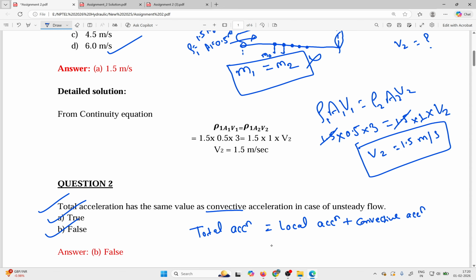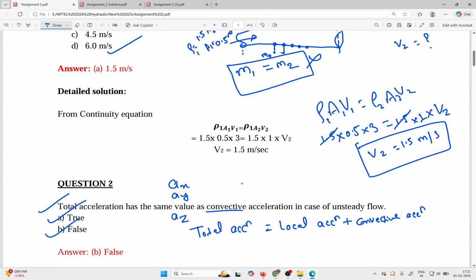So what is the equation? If I want to write acceleration in the x direction, y direction, z direction. In fluid mechanics, unlike solid mechanics where you have acceleration in most cases in one direction, you have three-dimensional acceleration.